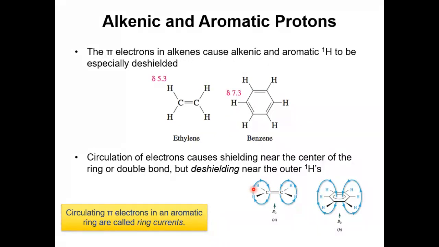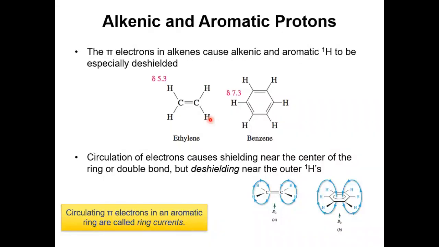Deshielding zone. So if the circulation of pi electrons enhances the field experienced by those protons, that means the resonance frequency will be increased. An increase of the frequency gives you a higher chemical shift.